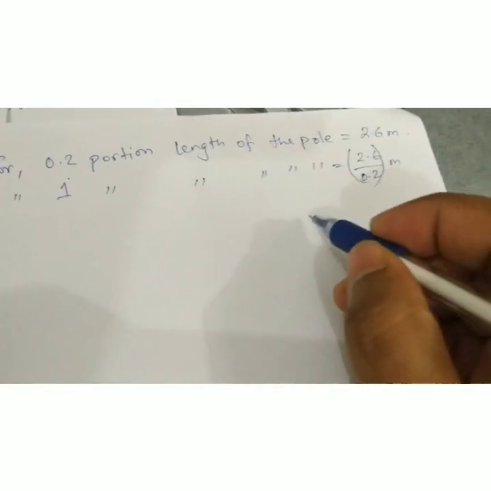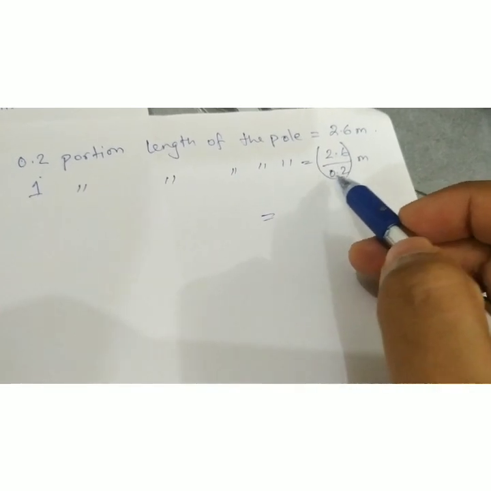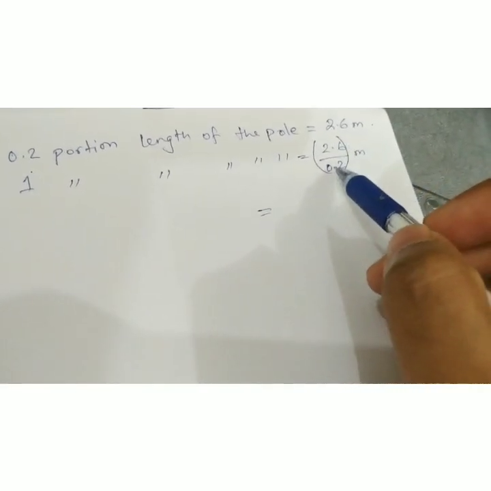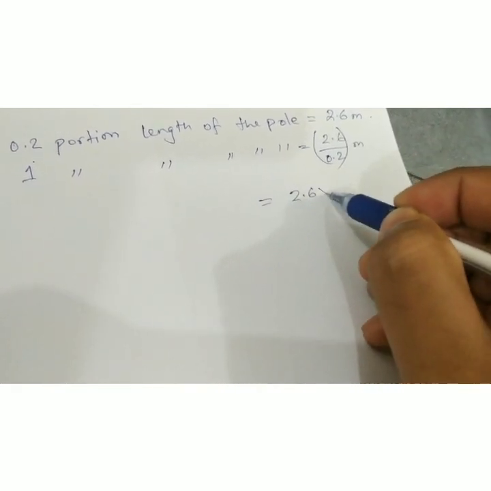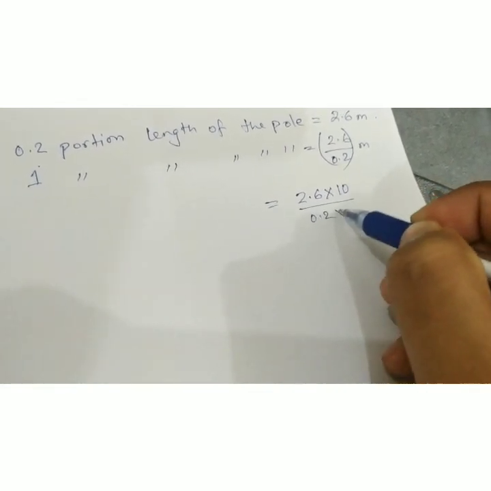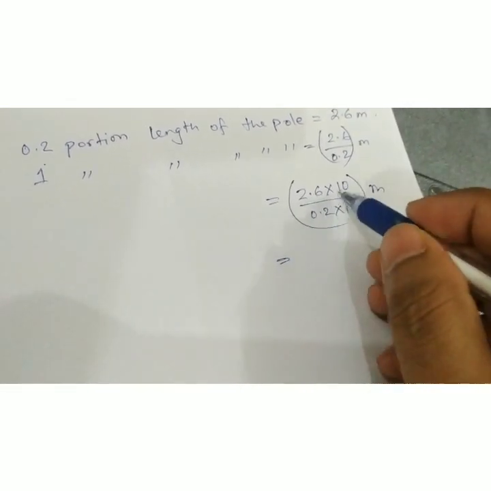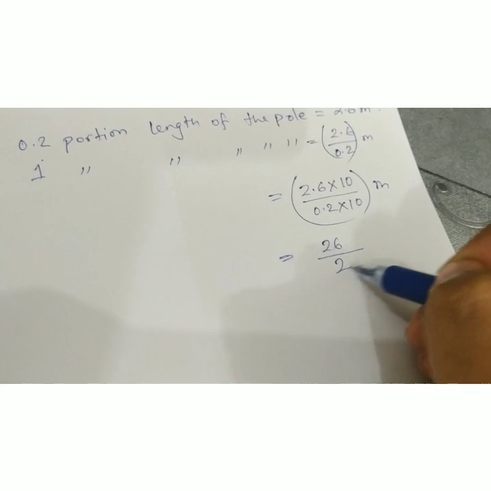So since we are dividing by a decimal number, we need to convert it, right? After the decimal there is one digit, so we will multiply both by 10. So 2.6 times 10 is 26, 0.2 times 10 is 2.